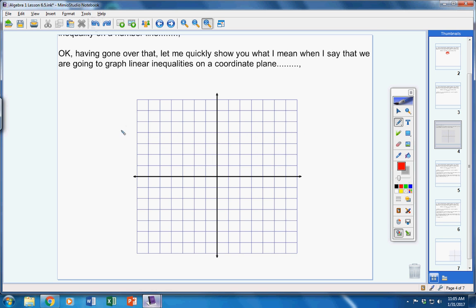But that's what the graphs are going to look like on the coordinate plane. You're going to have a line. The line might be solid, or the line might be dotted, but you're going to have a line, and then you're going to have shading. Alright? And that's what it's going to look like when you graph linear inequalities on a coordinate plane.